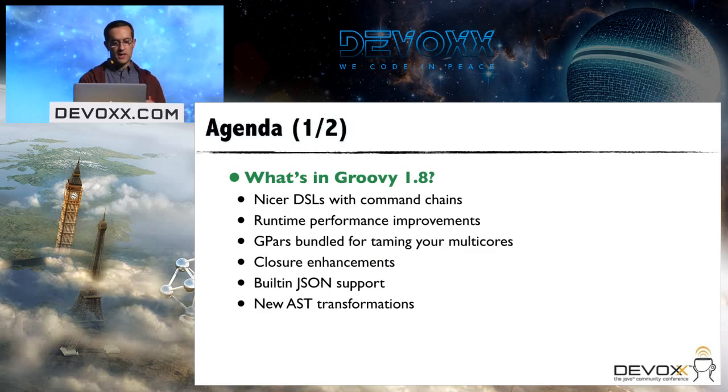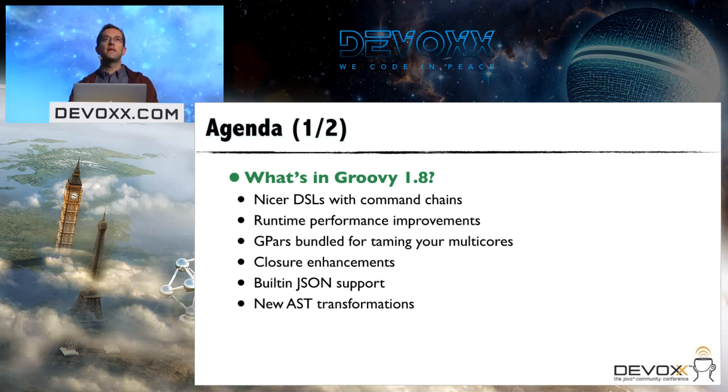So the agenda: two big parts, some of the key features of Groovy 1.8 which are interesting. But first, perhaps I should ask the question, who knows Groovy, who's played with it or is using it? Okay, the majority. So perhaps I'll go a bit quicker on the Groovy 1.8 features.